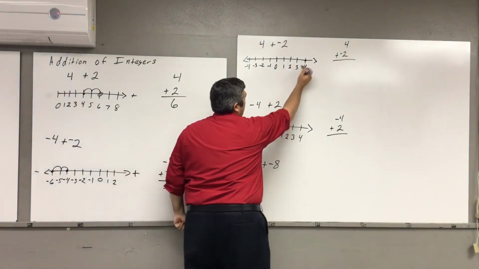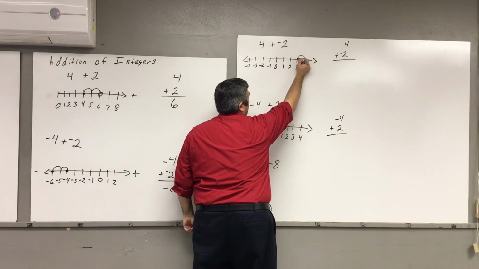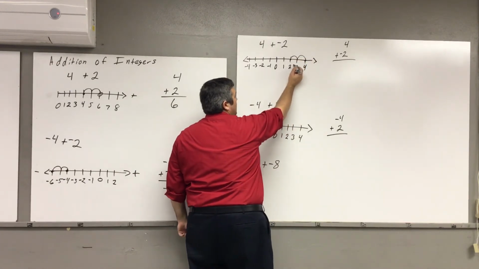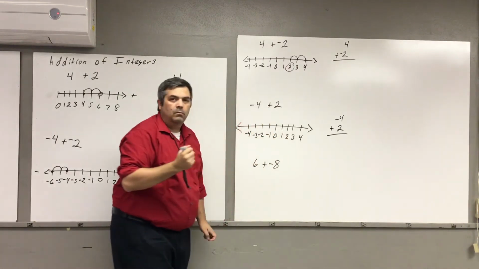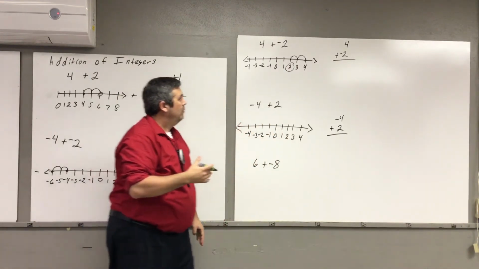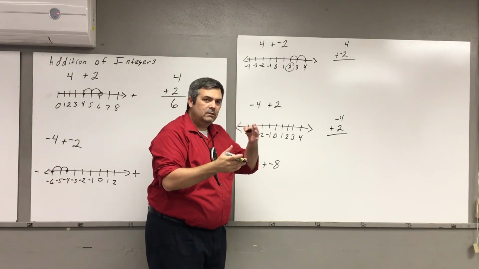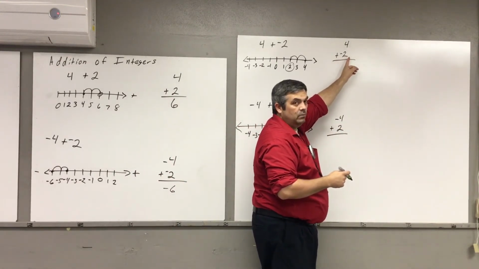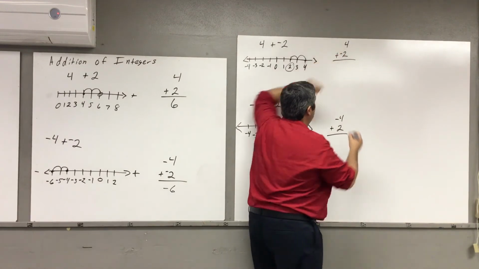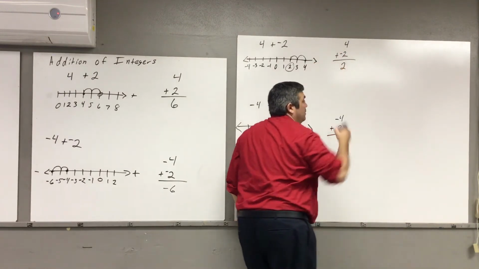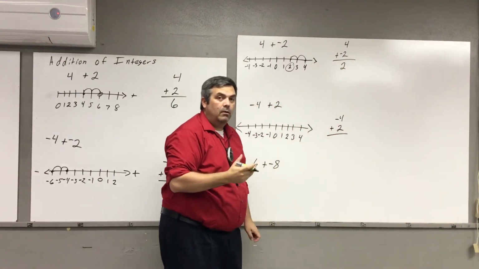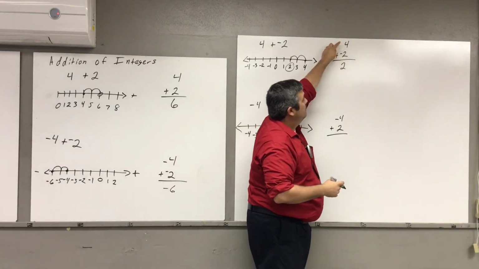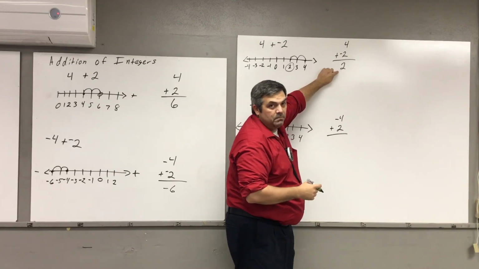So we're going to go back 2 spots. 1, 2. And we got a 2. Well, what happened here is we actually subtracted these two numbers. 4 plus negative 2, 4 minus 2 gets us 2, and I kept the sign of the one I had more of. I had more of the positive number, therefore this number is positive.